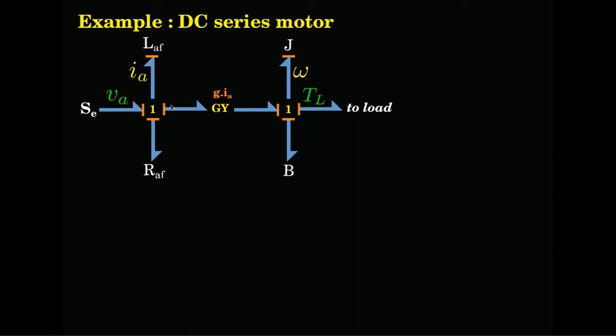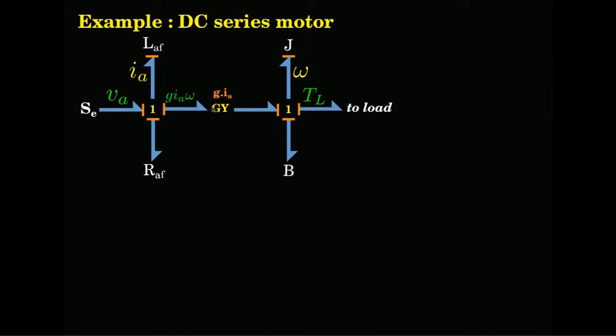And then we need to put values for this too. If this is omega, all these bonds have the same flow. This is omega, and omega into GIA will come here, because this is a function of IA, the same current flowing through the field. Then this will be GIA omega, the back EMF.